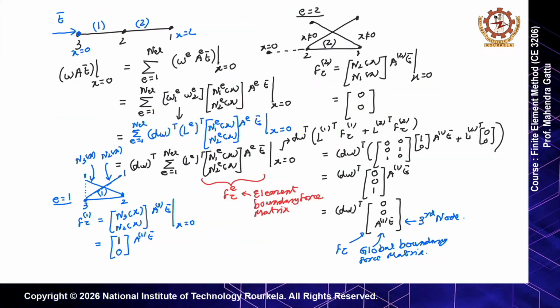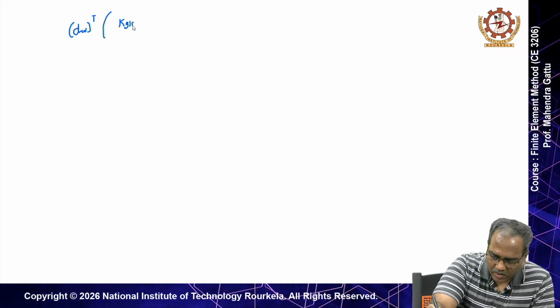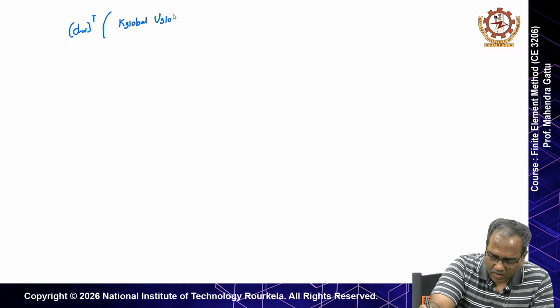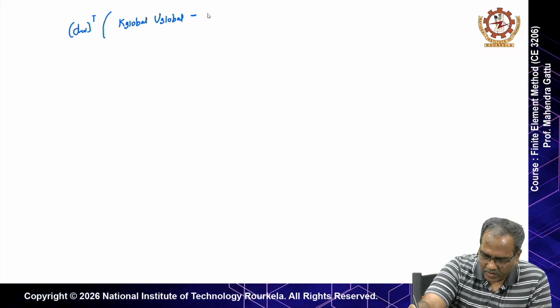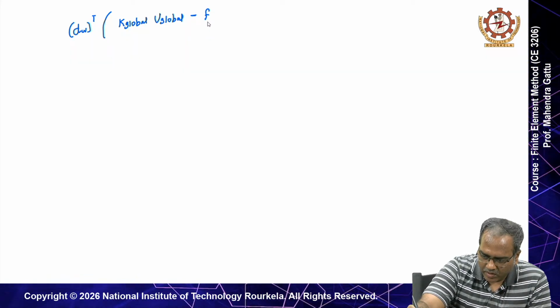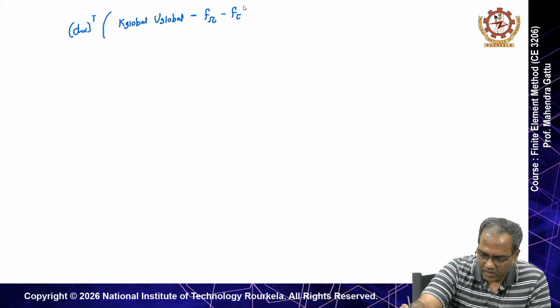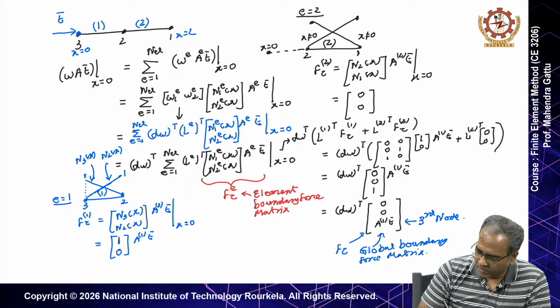So, effectively the weak form boils down to dW transpose, we take it out, and then we are left with K global U global minus F global body force matrix minus F traction boundary force matrix.